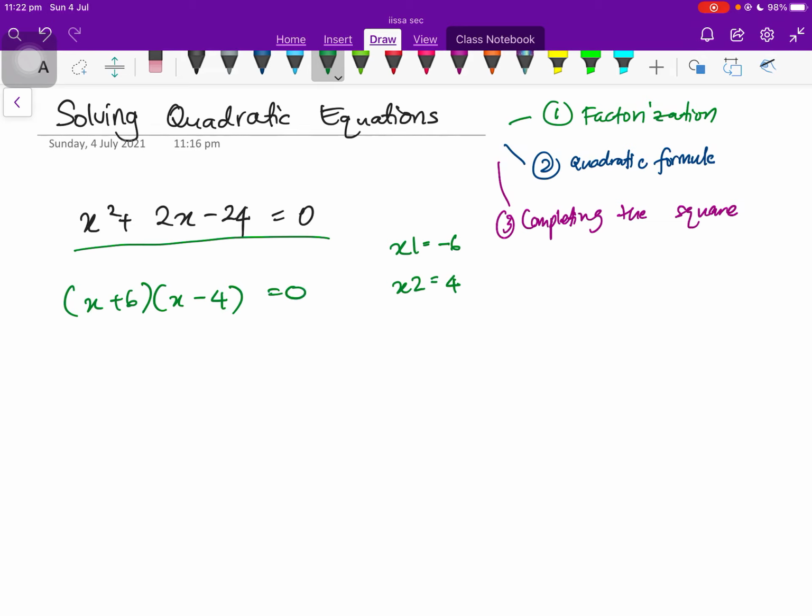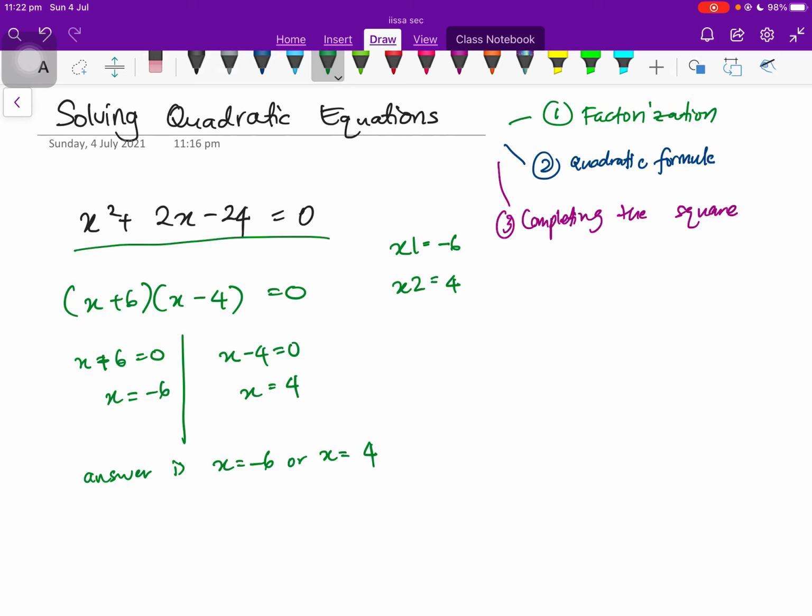From here we know that x plus 6 equals 0, so x equals negative 6. x minus 4 equals 0, so x is 4. So our answer is x equals negative 6 or x equals 4.